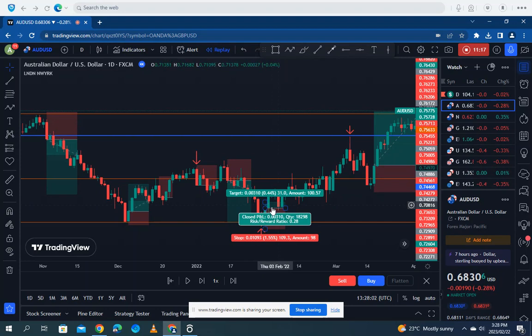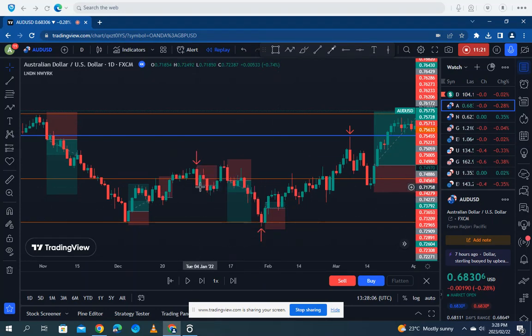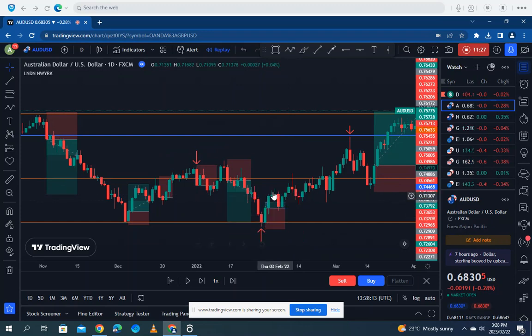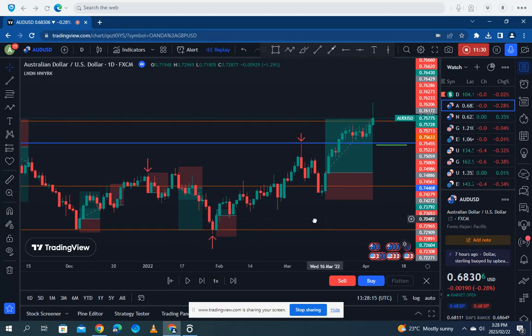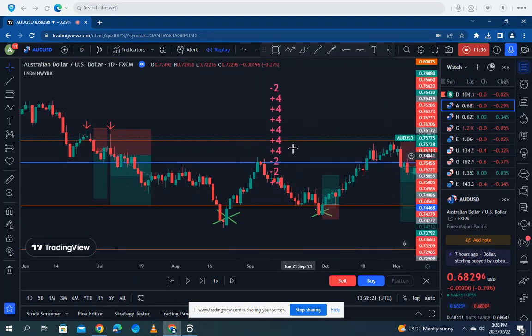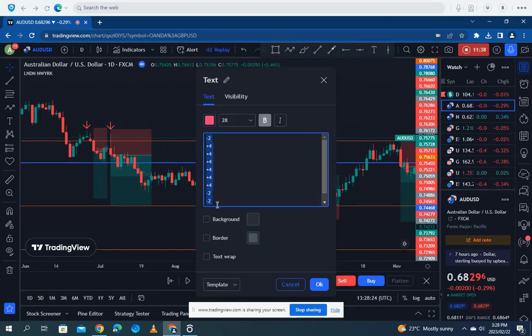We actually took some profits off the market, but it's so small, so insignificant that we don't want to count it in these numbers, because we don't want to confuse ourselves. So we're just gonna say we didn't make a loss there, nor a profit. So that was just a break even trade. Let's move on to the next one. And the last one was 4. So we took another $4 out of the market there.